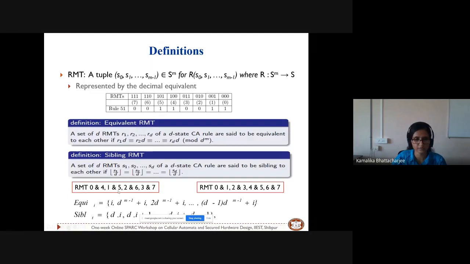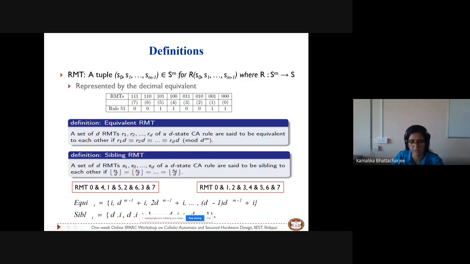If we look at the two-state three-neighborhood case, then you can see that 0 and 4 will be the equivalent RMTs. 0 means 0, 0, 0. 4 means 1, 0, 0. So here two overlapping sequences will result in generating the same sibling RMTs, 0 and 1, that is 0, 0, 0 and 0, 0, 1. So these are the sets for ECA: 0, 4 is the equivalent RMT set 1, 1, 5 is the second set, 2, 6 is the third set, and 3, 7 is the fourth set.